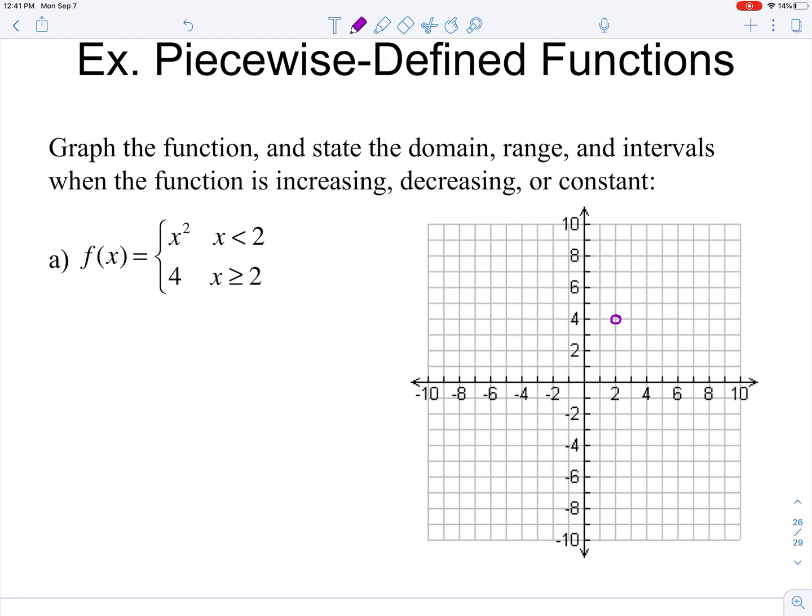At least not just looking at that first piece, because it's for x strictly less than 2. So then you can think about plugging in values like f of 1 would be equal to 1, f of 0 would be 0, f of negative 1 would be 1, and just end up plugging values into that first piece. So values that are on that interval, I'm plugging into that first piece.